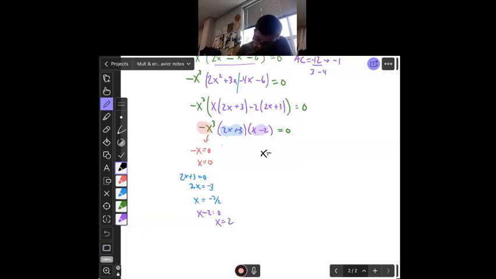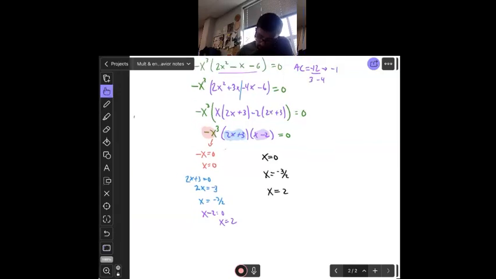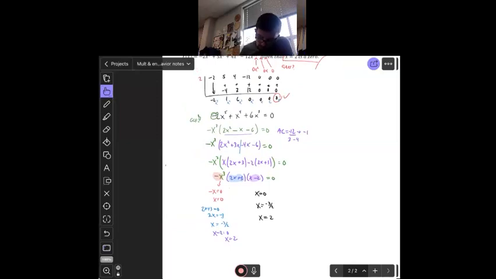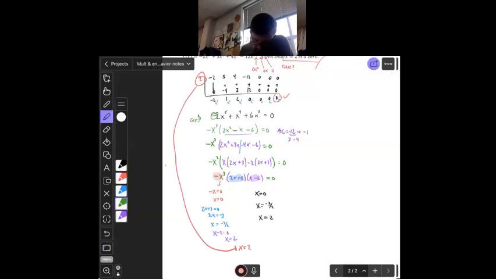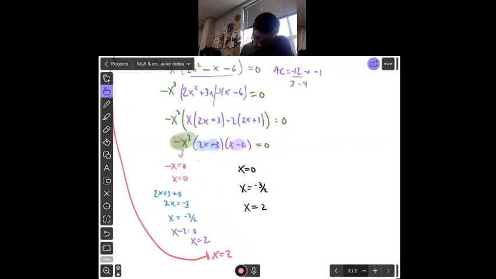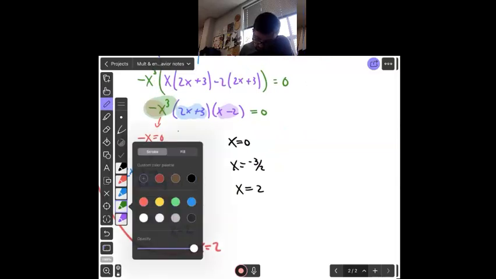So what do I see here? I see x equals 0, x equals negative 3 halves, x equals 2. What was my original factor? My original factor is also 2. So now when I go back to look at the problem for multiplicity information, that x was being cubed, which means the multiplicity of that 0 is 3.